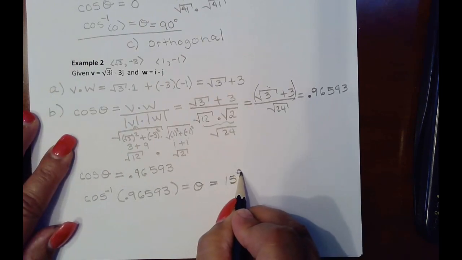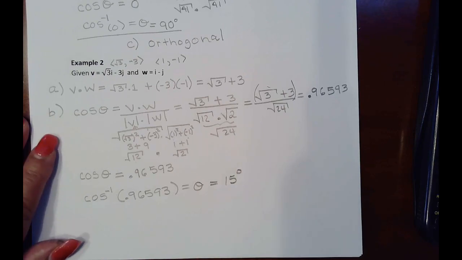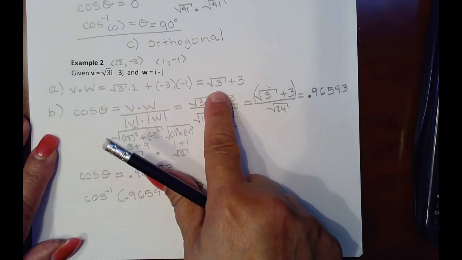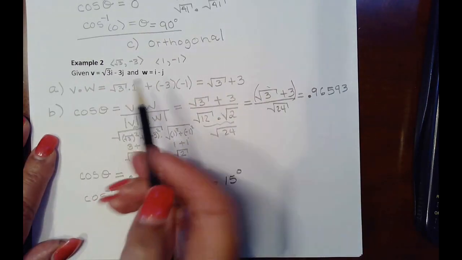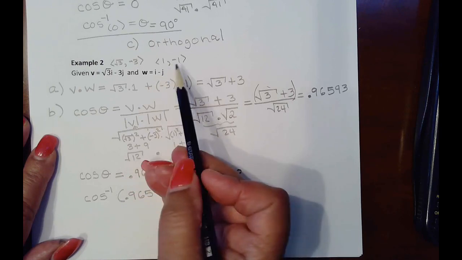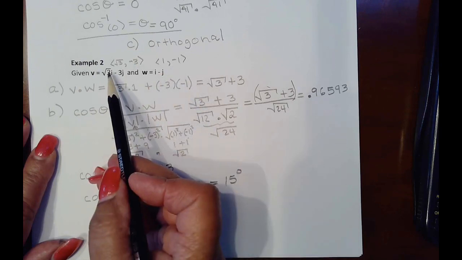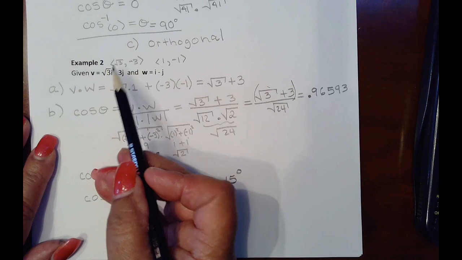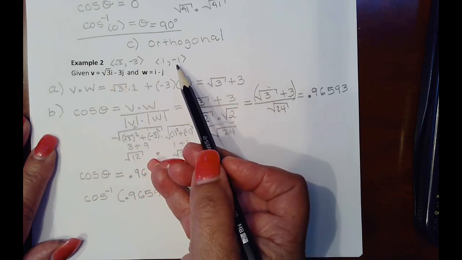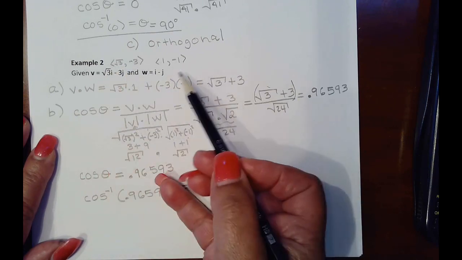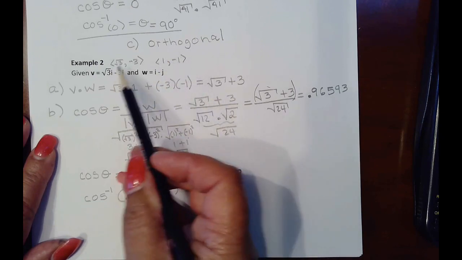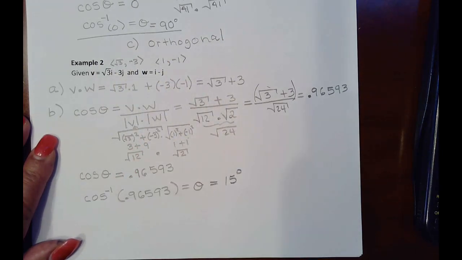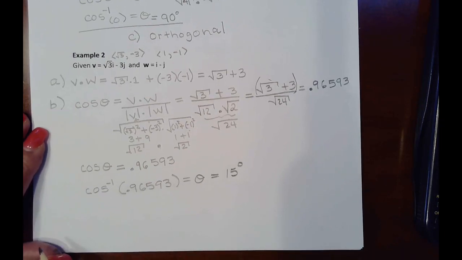Okay, so it makes sense that we had decided that the answer that we got for this dot product wasn't 0, so it couldn't be orthogonal. And when we checked out whether there's anything we could multiply these numbers by to get this, in other words, is this a multiple of this? Well, if these bigger numbers are a multiple of this, there should be something you could multiply both of these numbers by to get both of those numbers, and we decided we couldn't do that either.